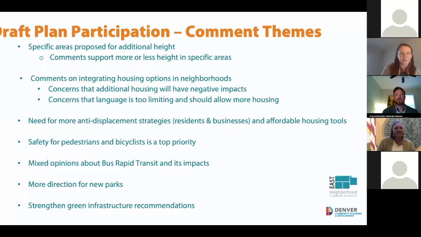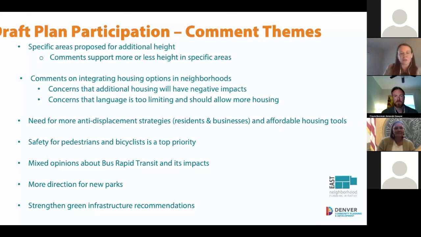As from the beginning, building heights and neighborhood housing options are the recommendations we've received the most feedback on, and the ones that have evolved the most over time as we've gotten community input. We continue to receive comments about the height map and the recommendations around height, in both directions: support for more height in specific areas, and support for reducing the height in specific areas.